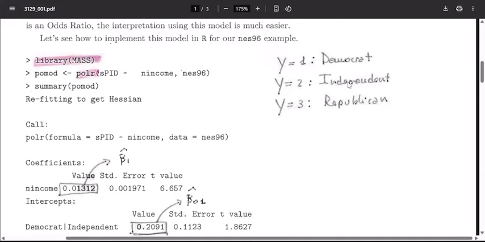For this data set, the appropriate model should be multinomial, because I'm not going to say Independent is greater than Democrat, or whatever party is greater than the other one. I'm not going to say that. So here, this is maybe for practice. Let's see how the code of the logit proportional odds we talked about works.